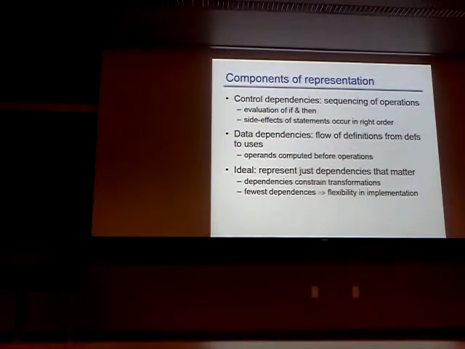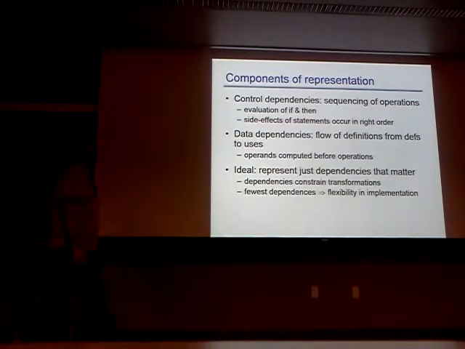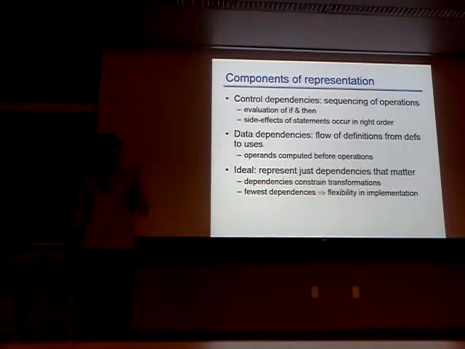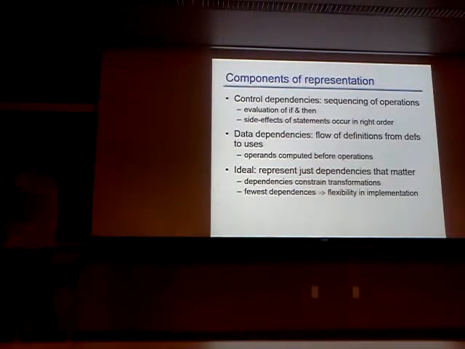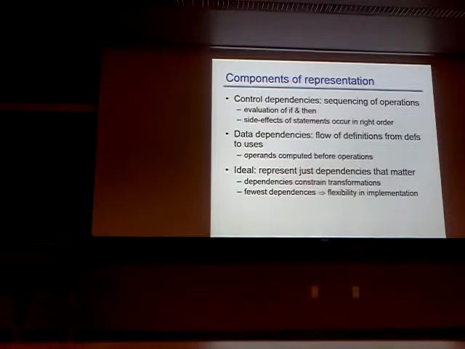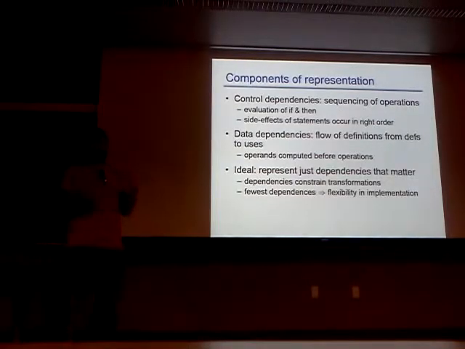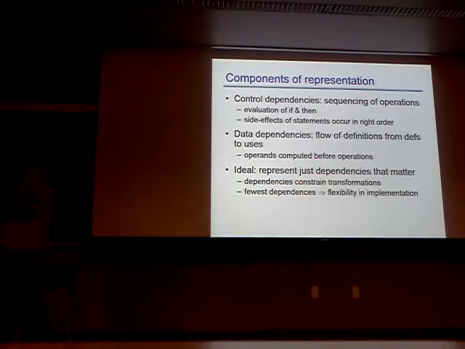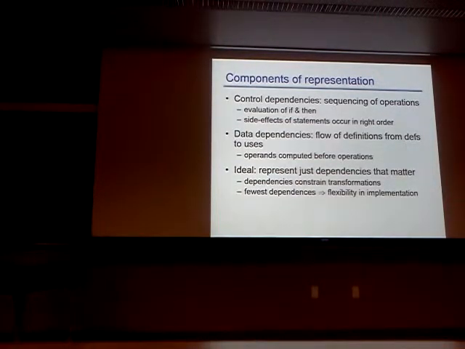Okay, there are two components of an intermediate representation: the control dependencies and the data dependencies. The control dependencies represent the ordering of the instructions. So things like evaluation of ifs and elses, exceptions, the control of the program, right? Which instructions get executed.